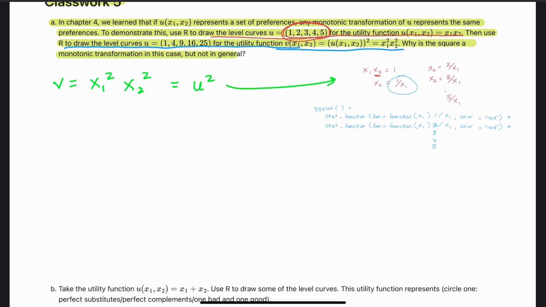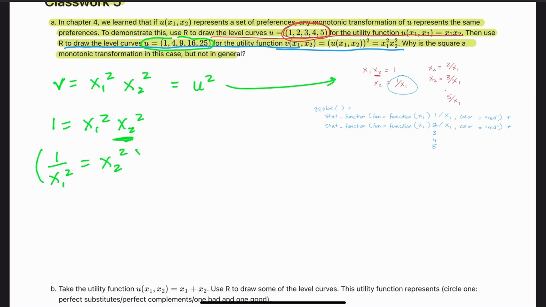So again, we're going to draw the level curve for U is 1, or in this case, V is 1. 1 equals x1 squared times x2 squared. Solve for my y variable, and that'll be 1 over x1 squared is x2 squared.